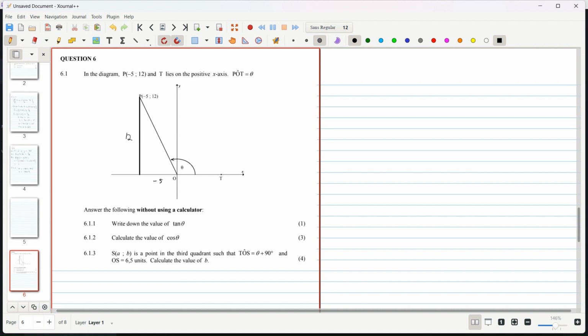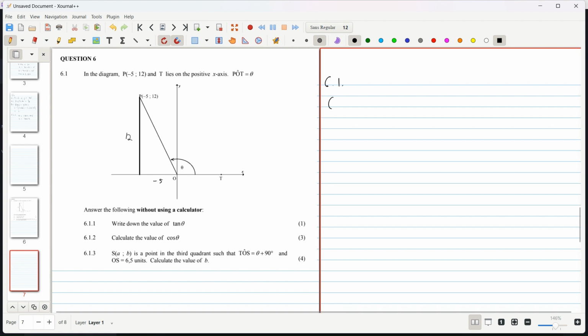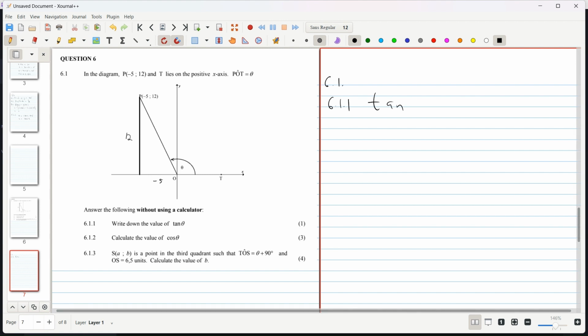For the first one that we're asked, 6.1.1, we are asked to determine the value of tan theta. Tan theta is opposite over adjacent. Our opposite is y, and our adjacent is x.